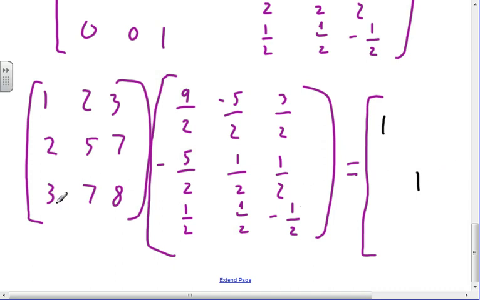Oh, bummer. 9, 7, that's a 4. Oh, that's disgusting. Right one is wrong.